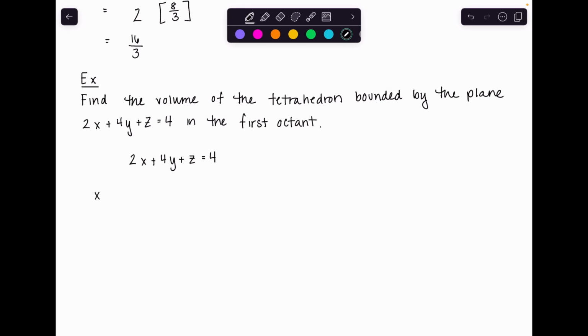So if I set first x and y equal to 0, immediately that tells me that my z value has to equal 4. So when I go to graph this, I need to go out 4 in z's direction, and it would intersect this axis right here.